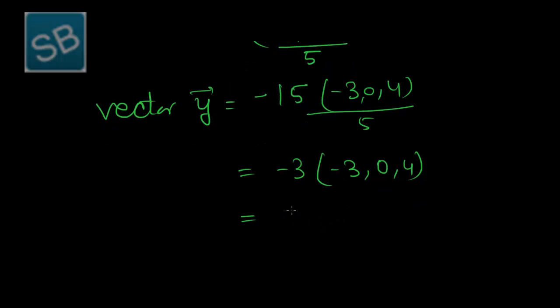So we get k into vector x, that is kx1, ky1 and kz1. So this is the required vector which is in opposite direction of the vector x.